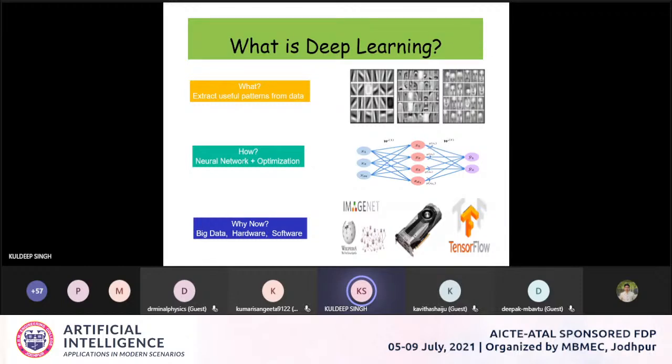We have a hierarchy of multiple layers, and each layer is capable of processing information and extracting meaningful information from the underlying data. That is nothing but the representation of the data, whether it is image or video data, or textual data, or any other kind of data.